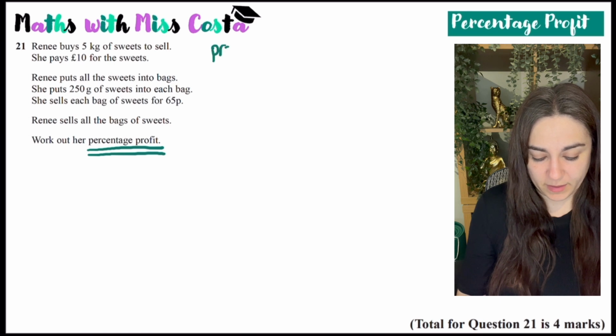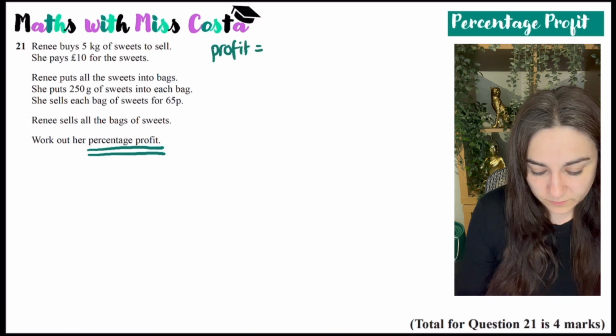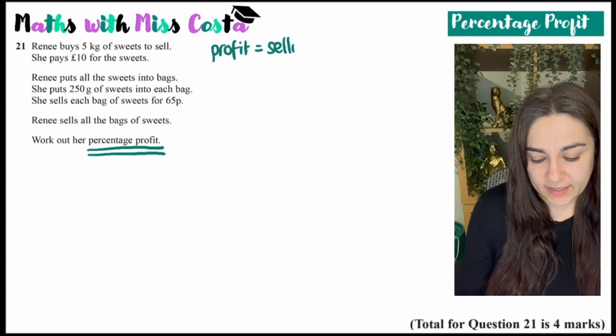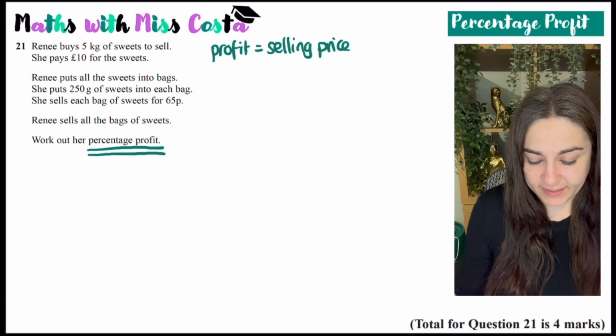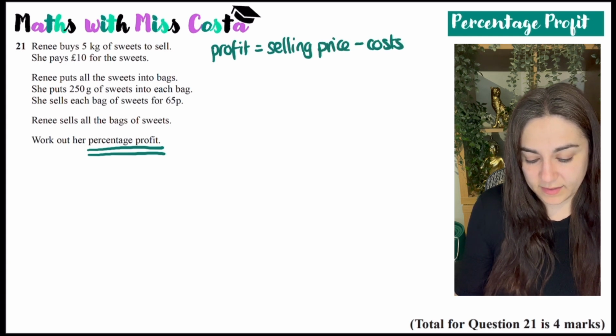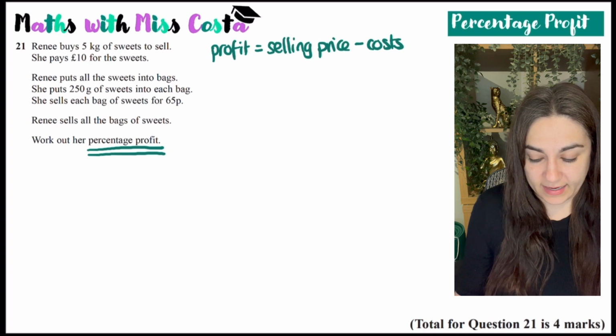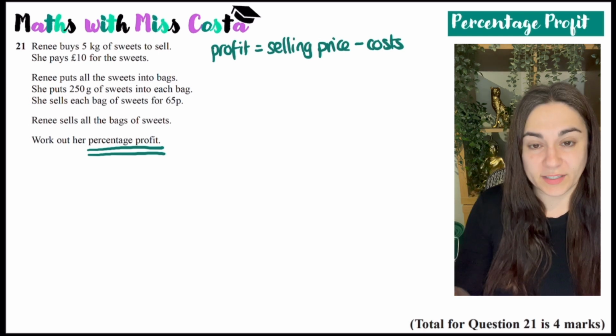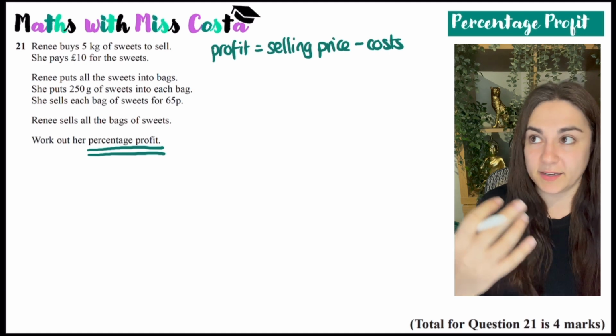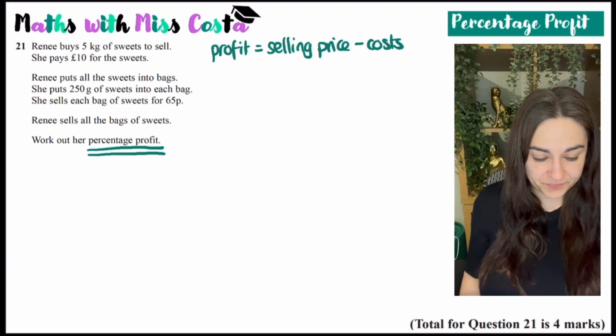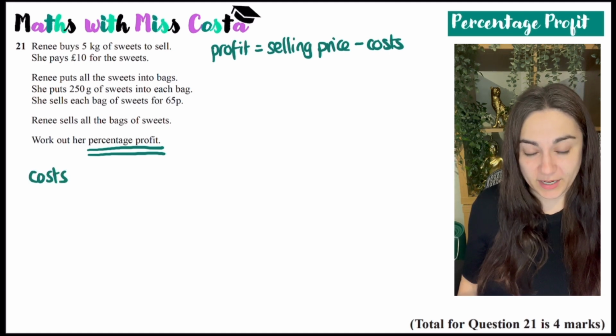So we spoke a little bit about profit earlier on. Profit is the selling price, take away any costs. So like the cost to buy the item, or the cost to paint it, or whatever you do to it. So first of all, let's work out her costs.